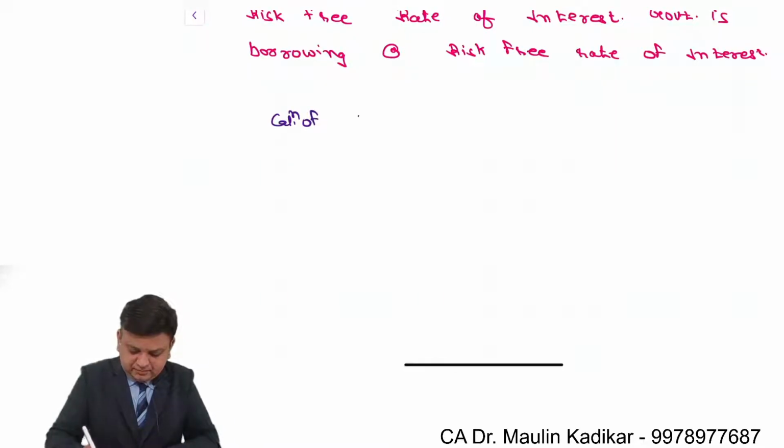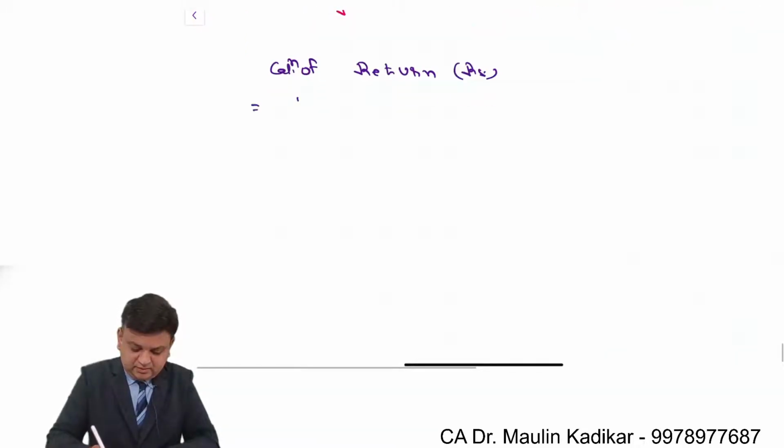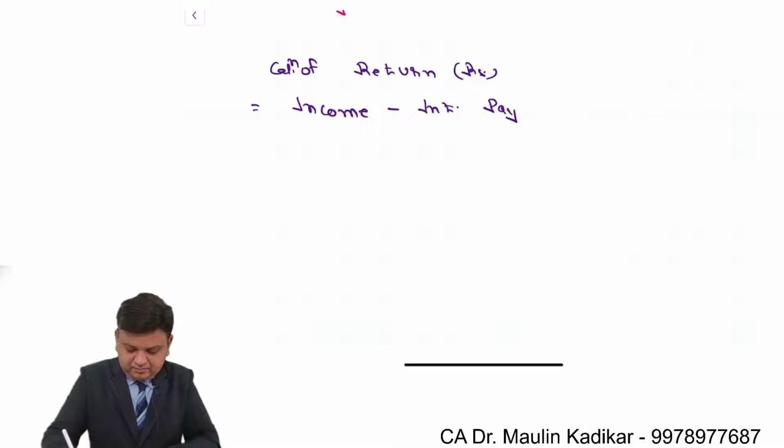Calculation of return in rupees term: income minus interest payment. This 15,000 rupees is able to generate a return at the rate of 18%.